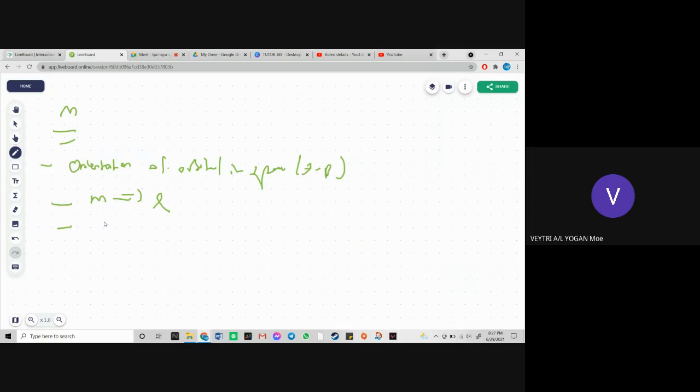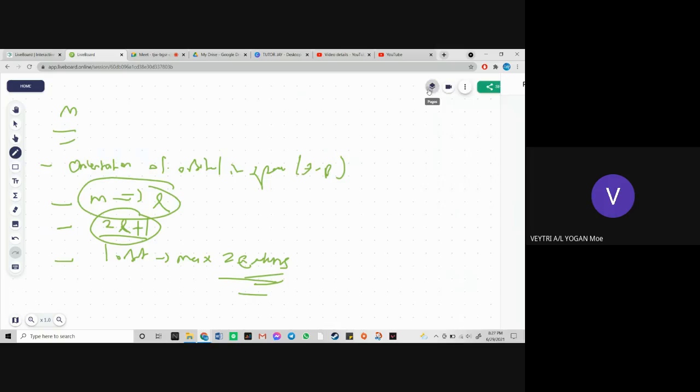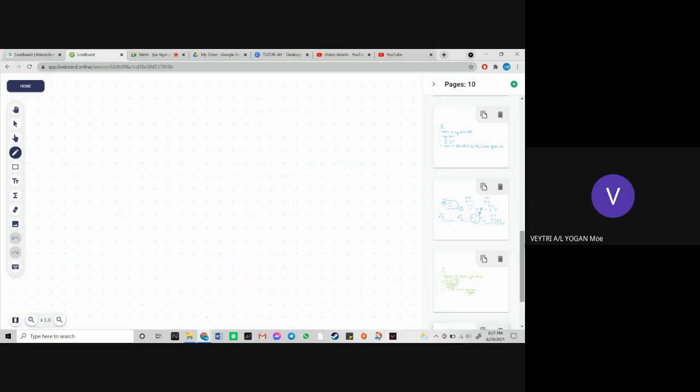For M, it is 2L plus 1. That is the number of values permitted for M. Also to be remembered, one orbital can take a maximum of 2 electrons. Remember this and this. Also this. Very important stuff. Now, let's have a look at how M actually works.